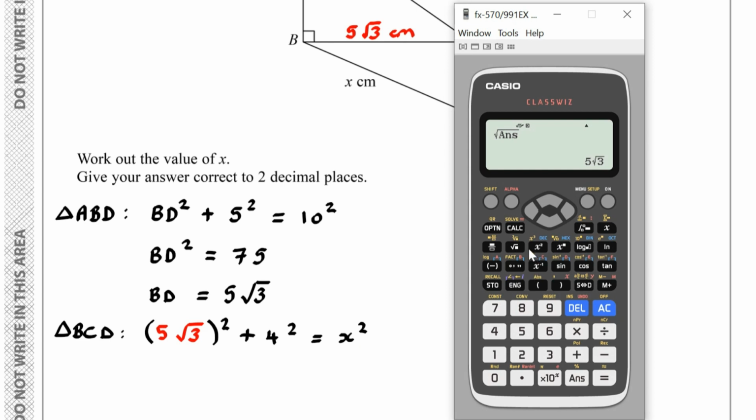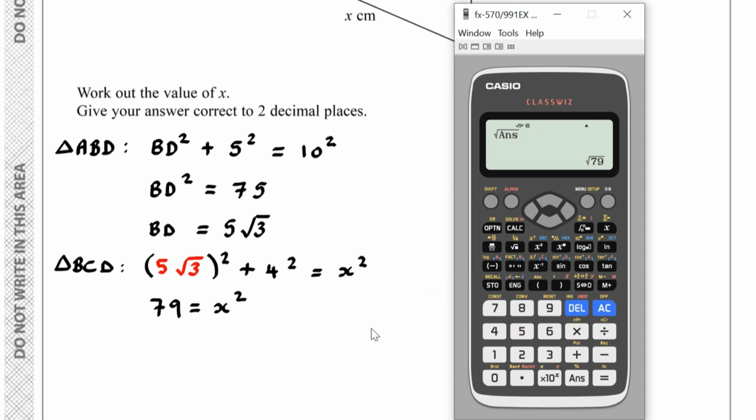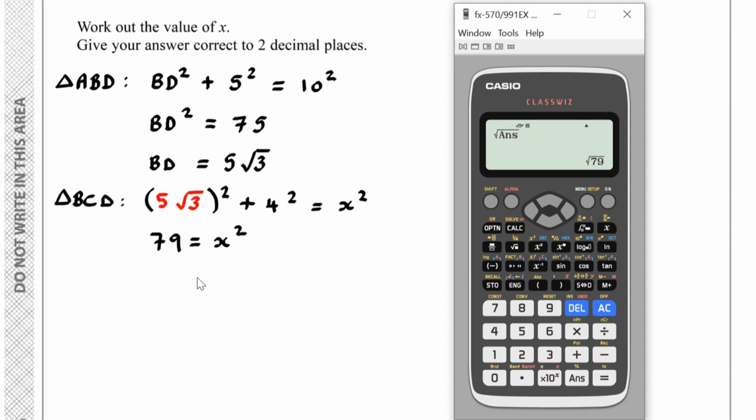So if I've got 5 root 3, then square it and then add on 4, I get 79 equals x squared, and if I square root, I would have x, which is the square root of 79. As a decimal, we can see x is equal to 8.88, etc. So to 2 decimal.